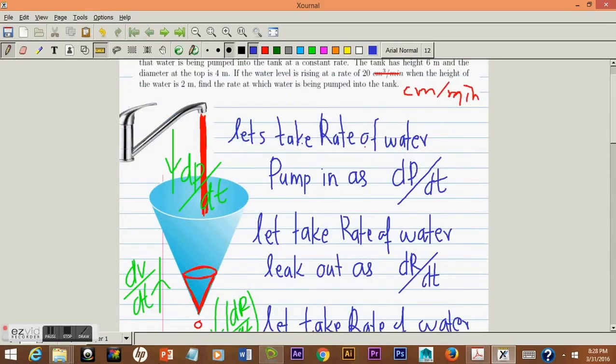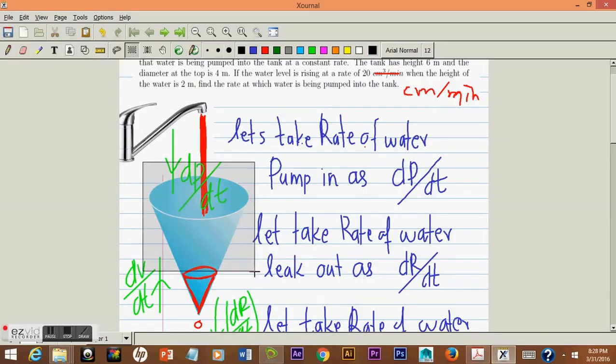After that, we need a diagram. So I'll try to take this cone, but the problem is selecting it.